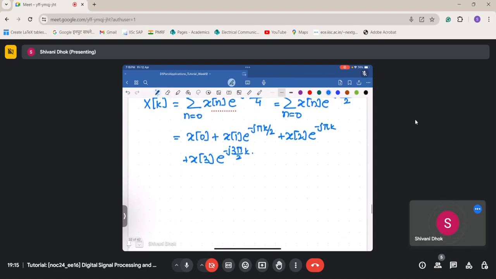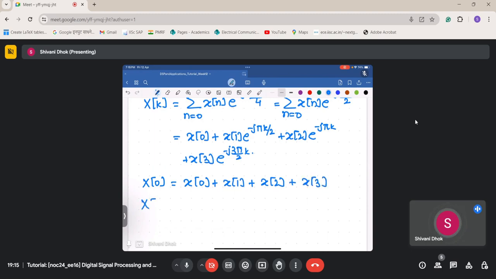Okay, so now for specific values of k, capital X of 0 will have x of 0 plus x of 1 plus x of 2 plus x of 3.